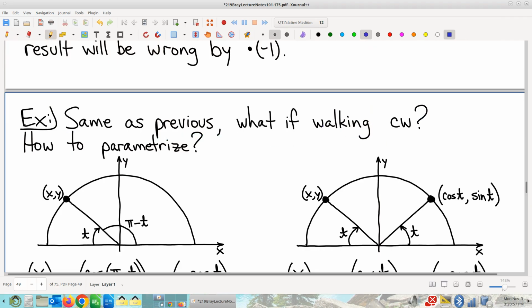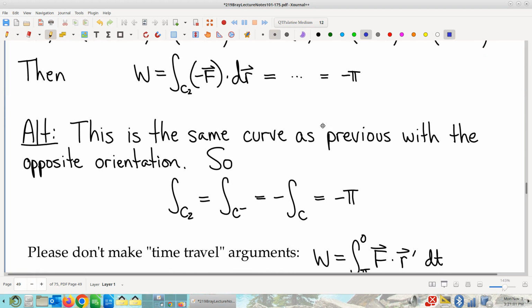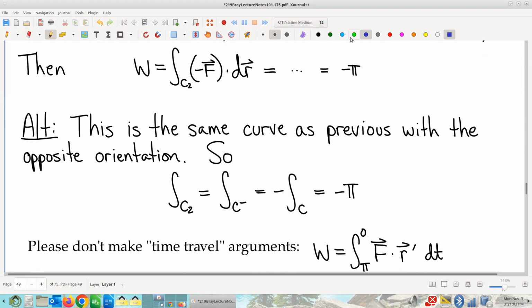Here's the third way to do it. Much better. And that is to say, look, we already know that along the original curve, the amount of work is pi. We've already done that calculation, right? So the curve that I've been asked to deal with is just the same curve oriented in the opposite direction.